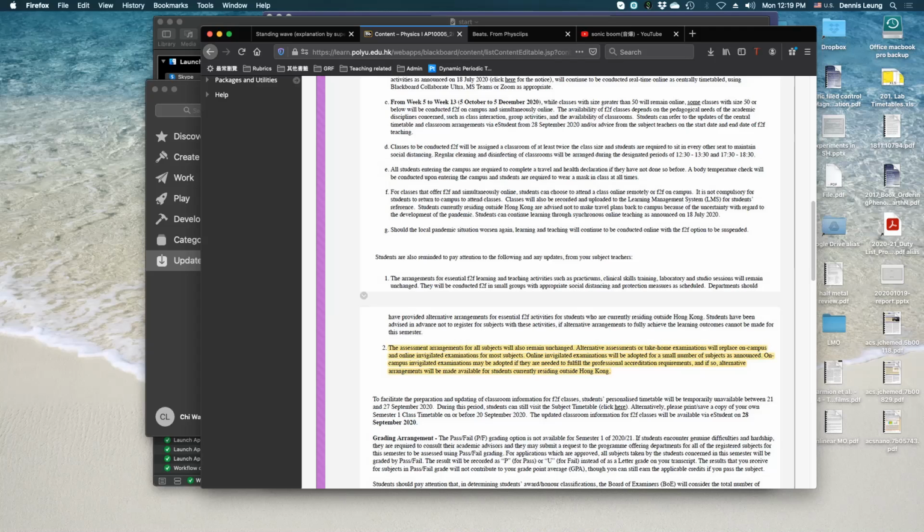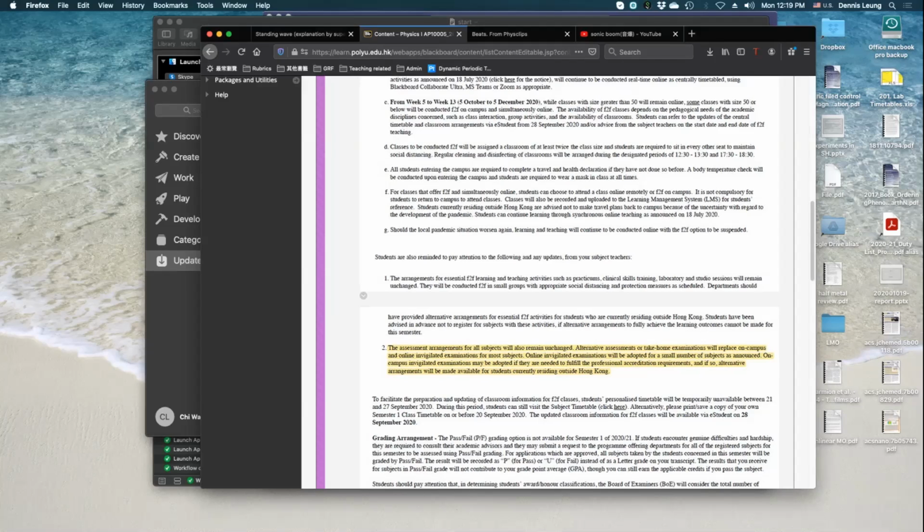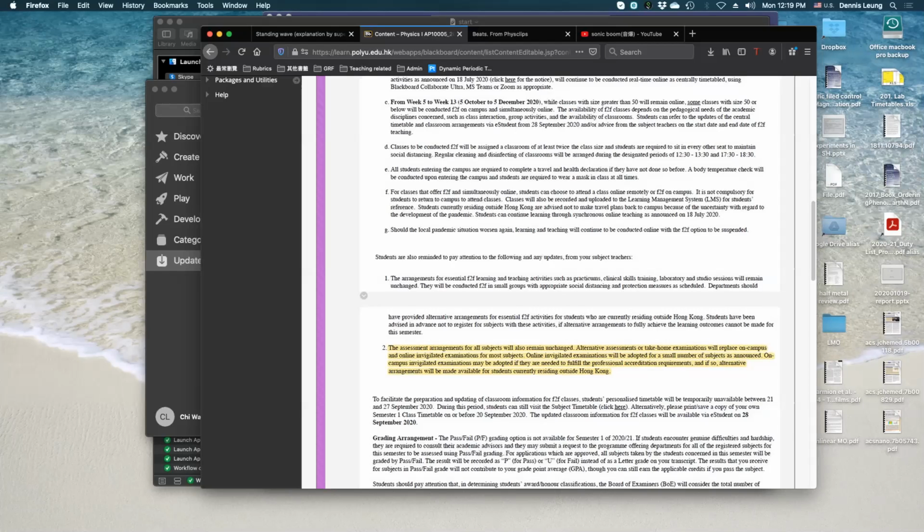Students in Hong Kong, you would be taking the examination on PolyU campus. Students outside Hong Kong, you do not need to come back, and you will be doing the examination online. And we would require you to show your face and show your scripts, etc. during the examination. Details of the online examination would be announced to you later.